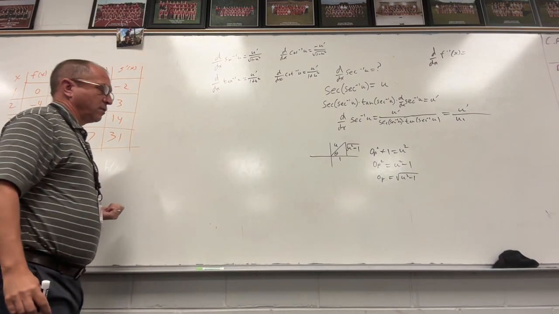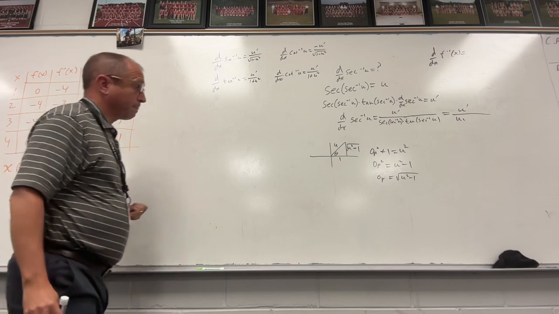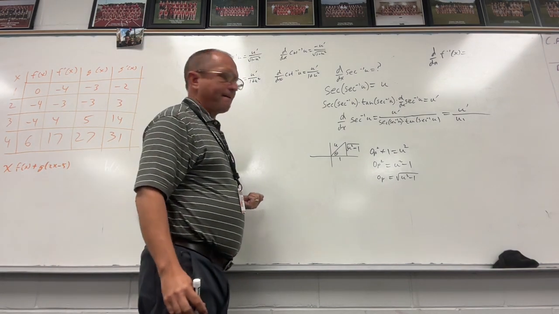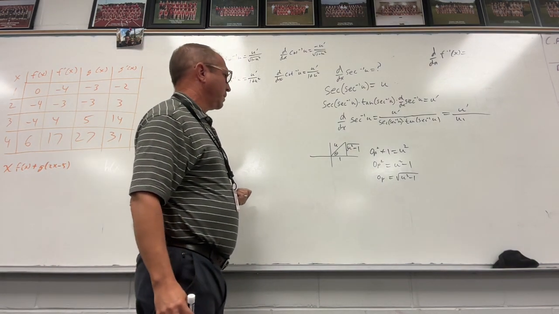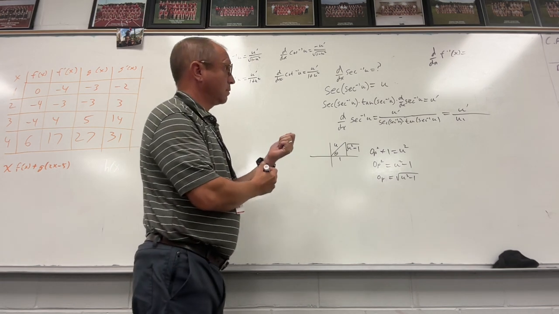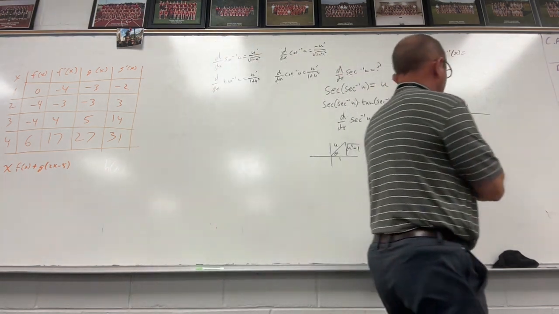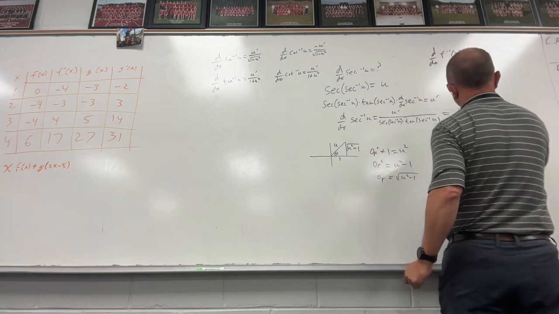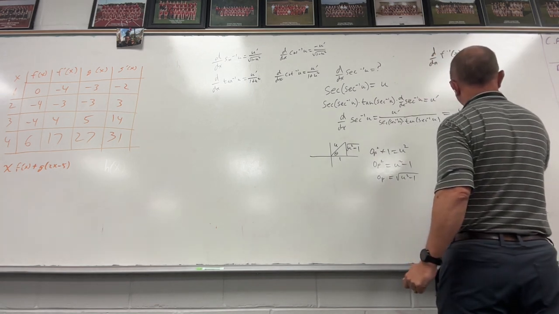Well, tangent's the ratio of what to what? It's opposite over adjacent. So what would be the tangent of this angle here? Square root of u squared minus 1. So we get u times the square root of u squared minus 1.